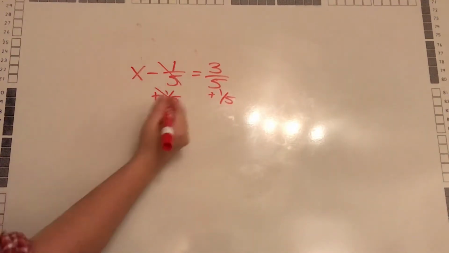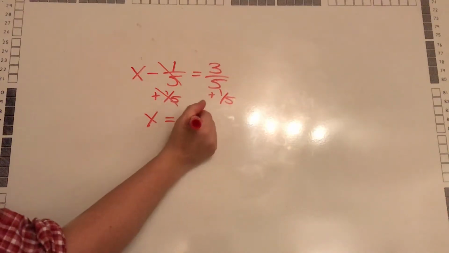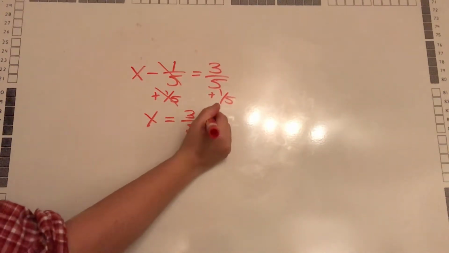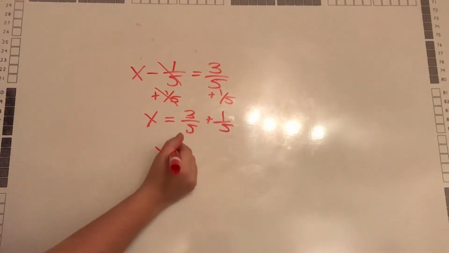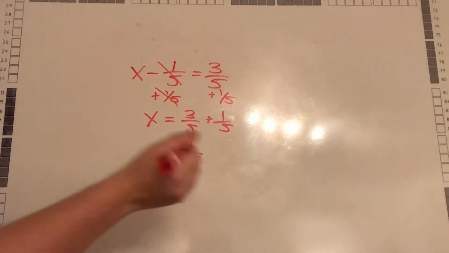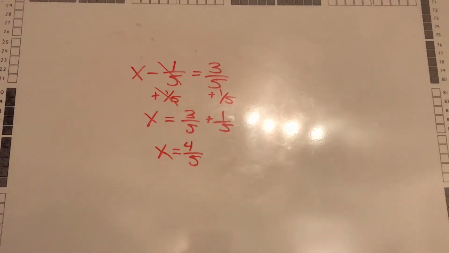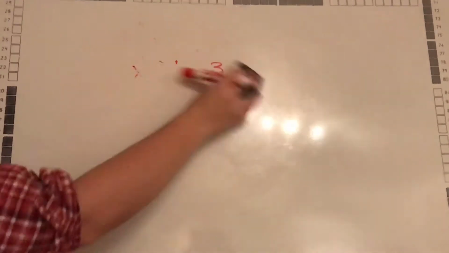That will cancel out and leave us with x by itself. And we know that 3/5 plus 1/5 is going to equal 4/5. So x equals 4/5. Fairly simple. We've done this before. Okay, example 1b is gonna change it up just a little bit.